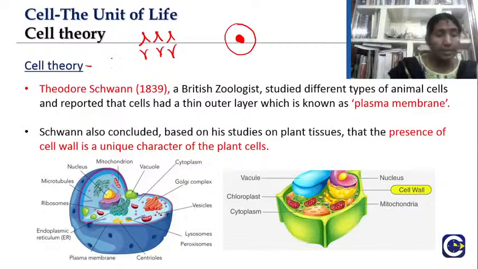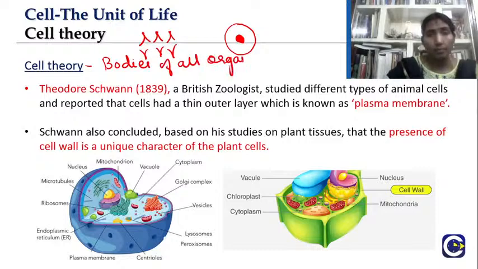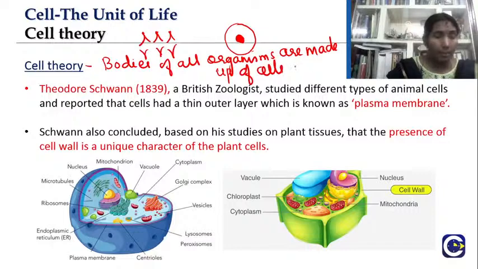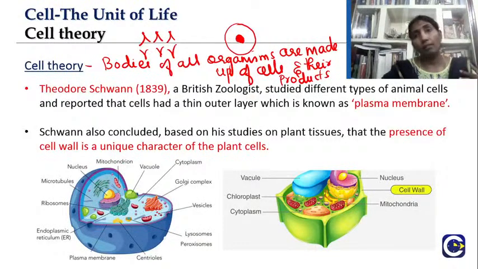Yes, they stated that the bodies of all organisms are made up of cells, and their products. So cells are nothing but both the structural and functional unit of the living organism.